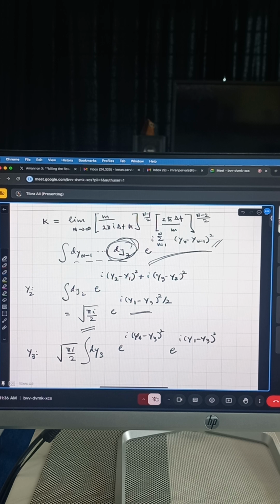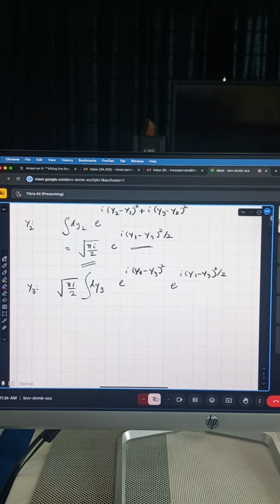And what do you get in the end? You have this thing already there, square root of I pi by 2, but then you get a new factor, which is I pi times 2 divided by 3.